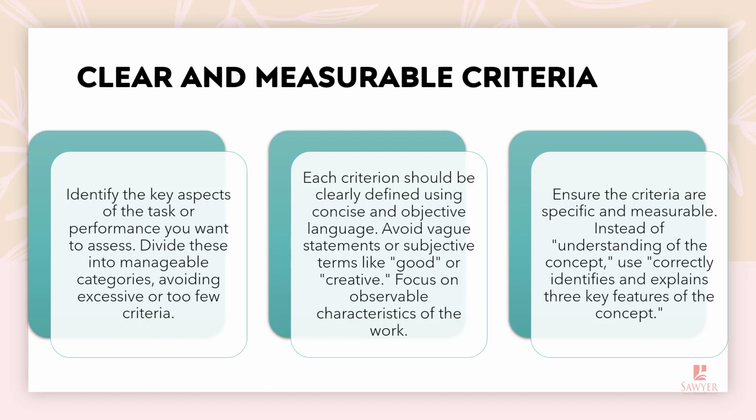Instead of using understanding of concept, use something like correctly identifies and explains, and then pinpointing it a little bit further, something like 3 key features of the concept, etc. So one of the things, like for writing, for example, has excellent spelling, only misspells up to 3 words out of 100, something like this.